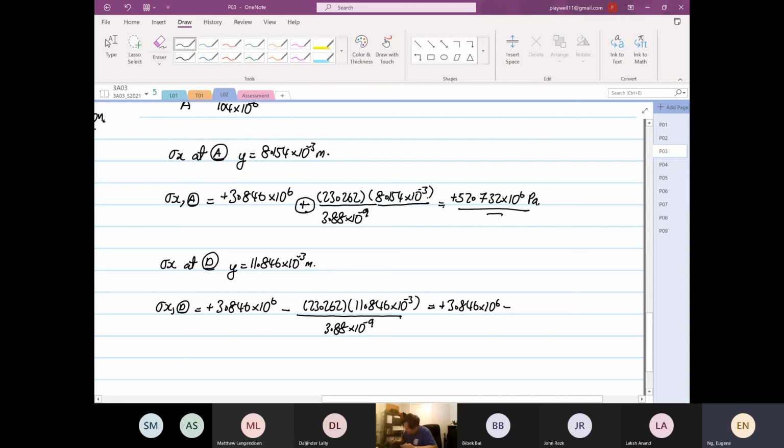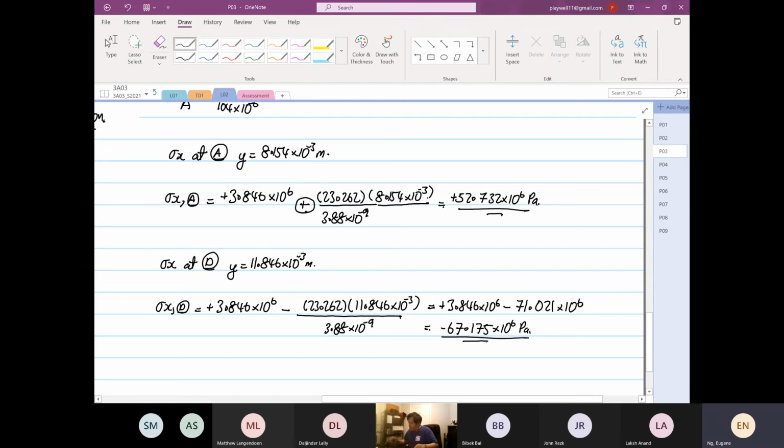So it's equal to 71.021 times 10 to the power 6. So this is equal to 3.846 power 6 minus 71.021 power 6, which is equal to minus 67.175 times 10 to the power 6 Pascal.